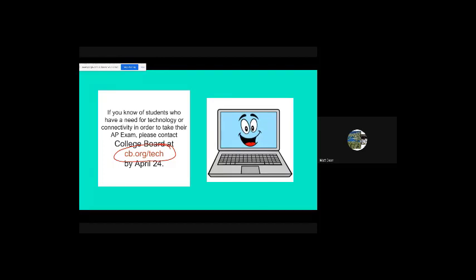But that's cb.org/tech. And I think what they'll send you is probably a Chromebook or something like that, and probably a mobile, like cellular, internet box. So if you don't have a good connection at home, take them up on that. If you don't have a good device at home, take them up on that. They've worked hard to get those resources for you.